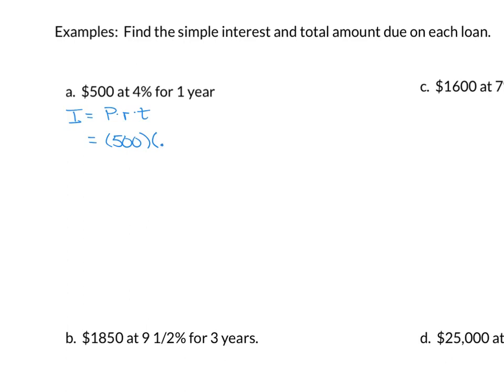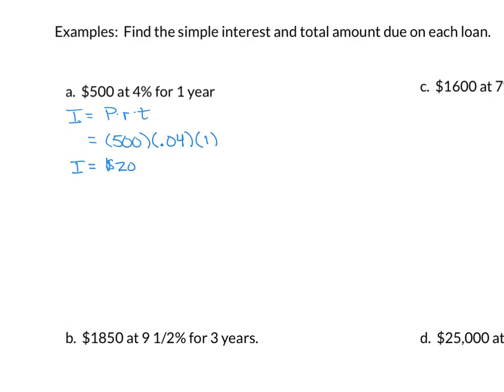I do want to convert to a decimal, so that's going to be 0.04. And my time in years is 1. All right, so if we go ahead and multiply this, I get my amount of interest is $20.